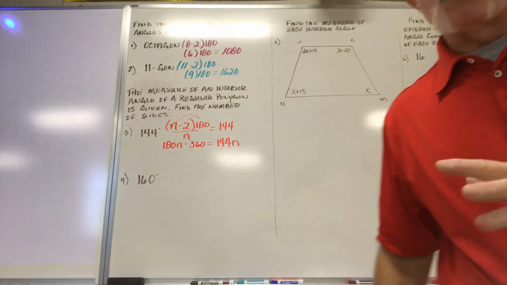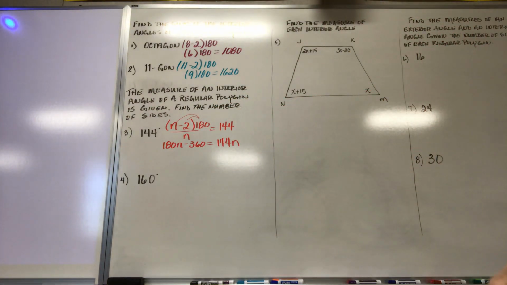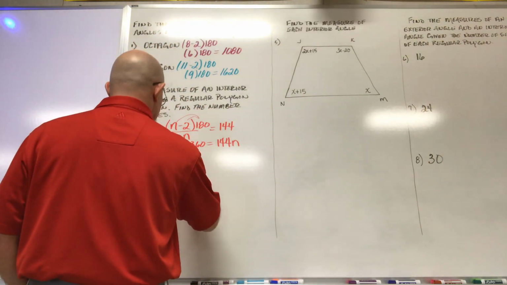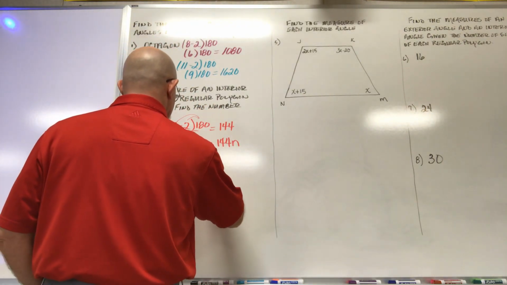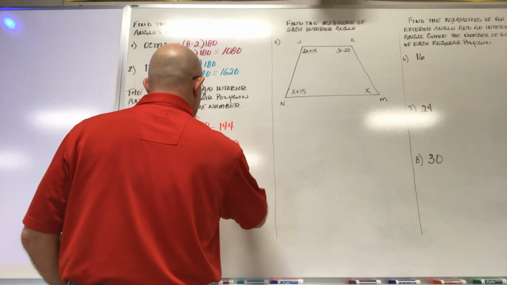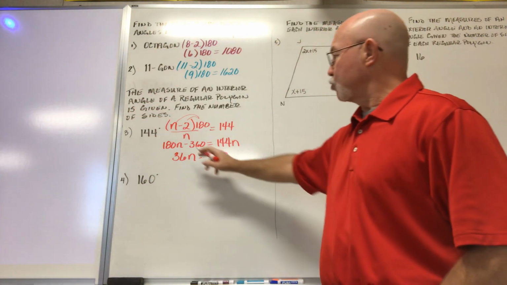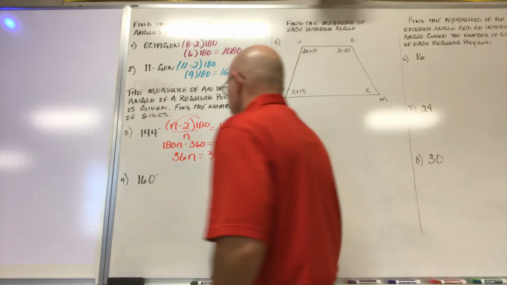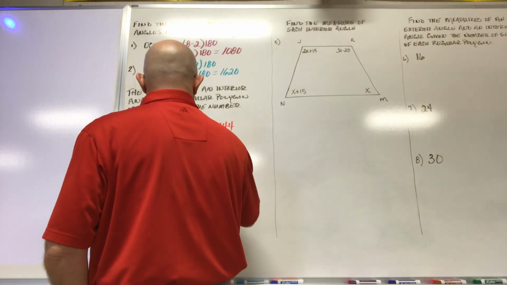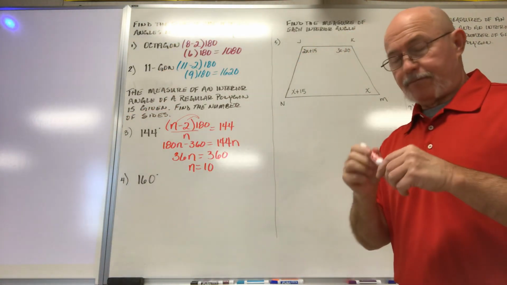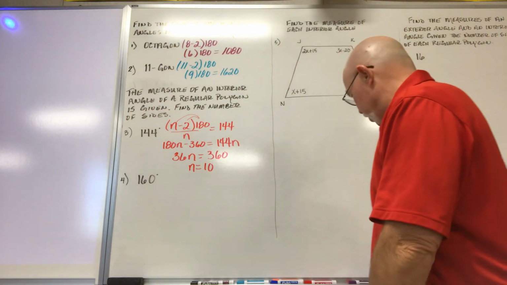So what I've done is just multiply everything through. Add the 360 to both sides, subtract the 144 from both sides. There's your answer. You're done.